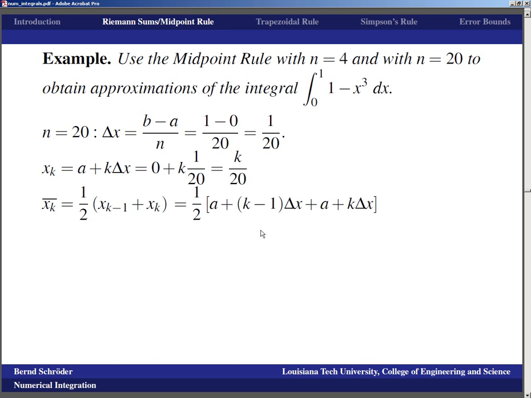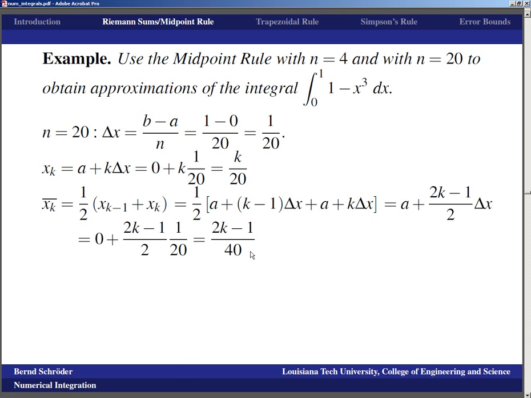And well, 1/2 times 2a is a, and then k minus 1 plus k is 2k minus 1, and then we still have to divide by 2 there. So we end up with a plus 2k minus 1 over 2 delta x's are xk's. And so that would be 0 plus 2k minus 1 over 2 times 1/20th, so that's 2k minus 1 over 40.